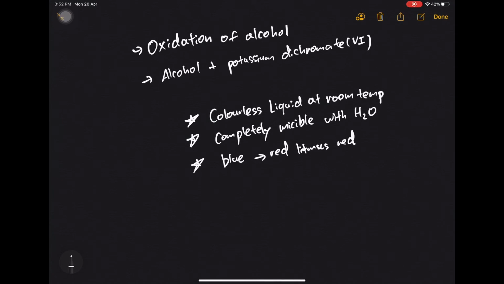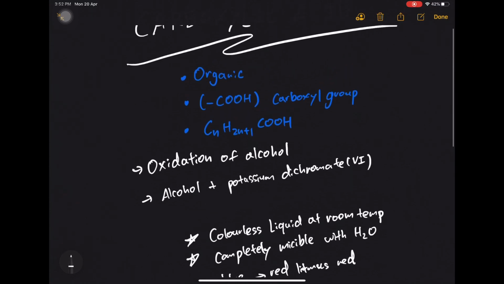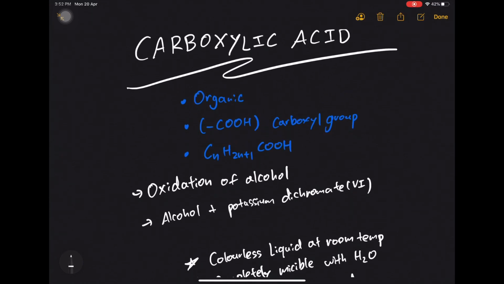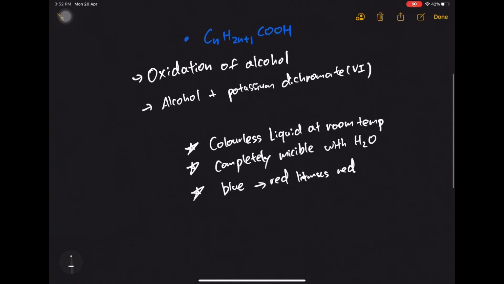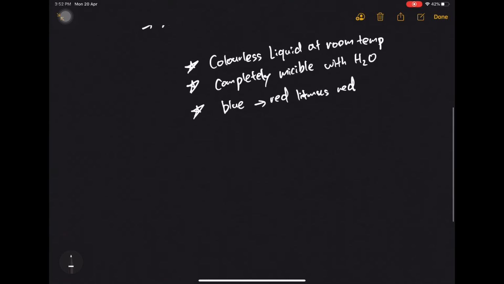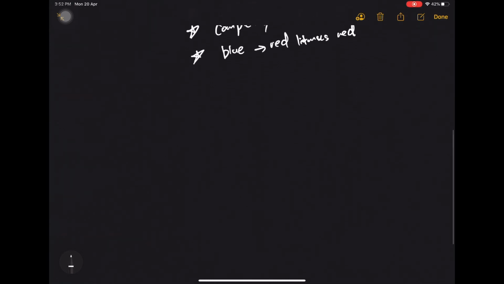So now we will move on to our chemical properties. These carboxylic acids are weak acids, meaning they only partially dissociate into H+ ions. But they do still have the same reactions as for your carbonate salt, your base, your reactive metals.